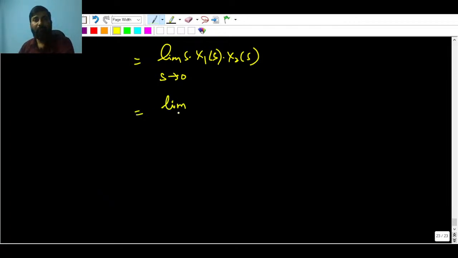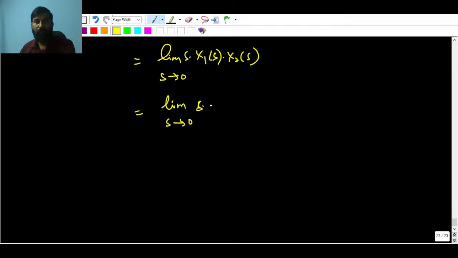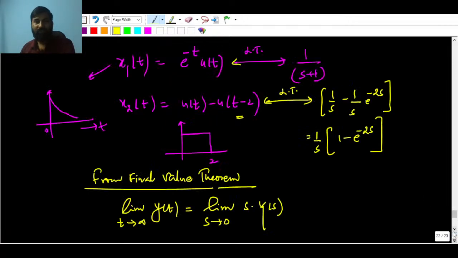Here we can put in whatever expressions we have got for x1 and x2. For x1 we have 1 by s plus 1.